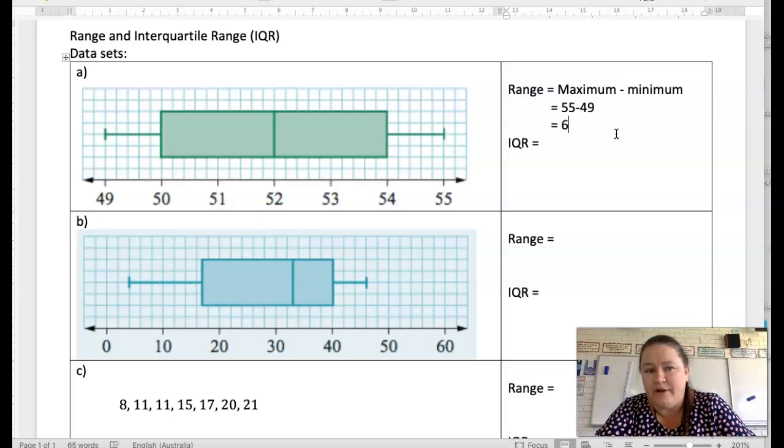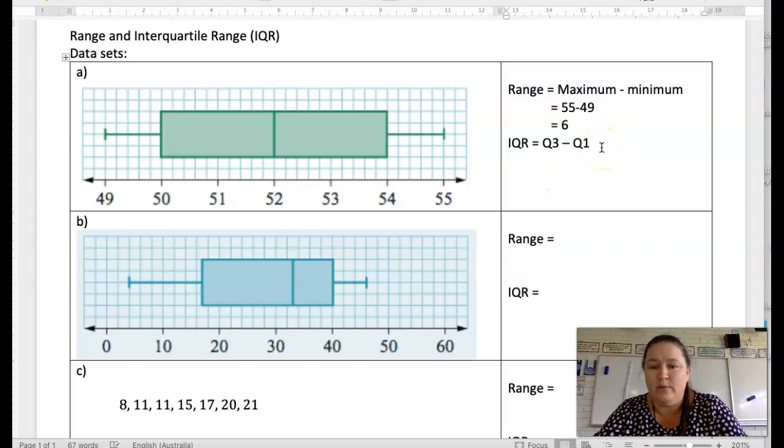Now the interquartile range tells you about that middle 50%. To find the interquartile range, it's this middle bit here. To get it, it is simply Q3 subtract Q1, and that tells you how spread out the middle 50% are. You can see from example A that it's quite spread out compared to the whole range.